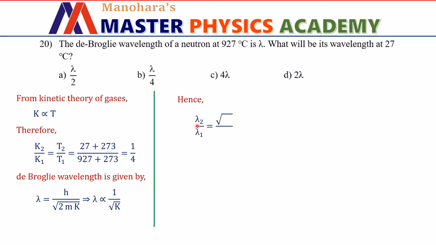Hence, we have lambda 2 divided by lambda 1 equal to root of K1 divided by K2. Substituting and solving, we will get the answer equal to 2. Therefore, the wavelength in the second case is twice the wavelength in the first case. We will get answer equal to 2 lambda. Option D is the right choice.